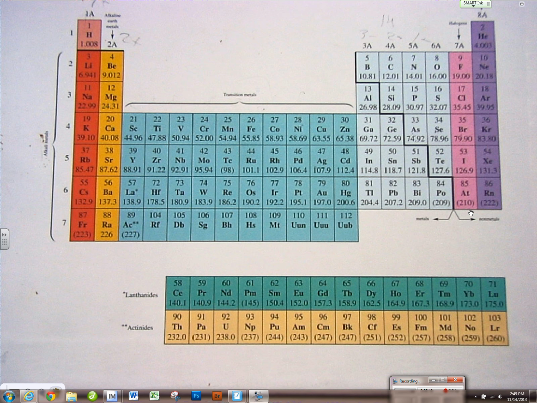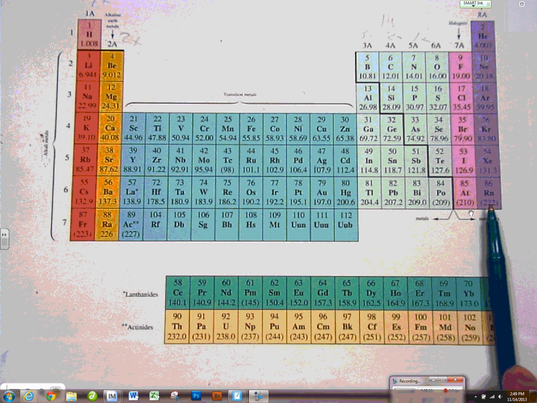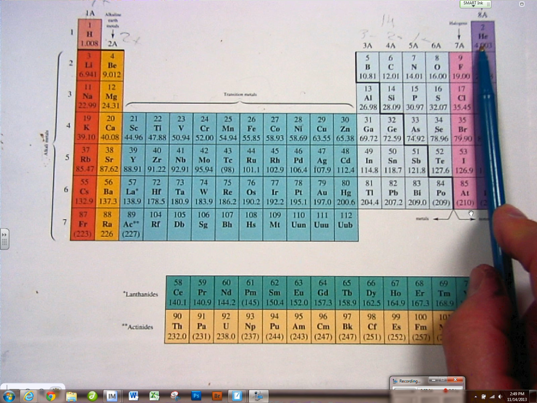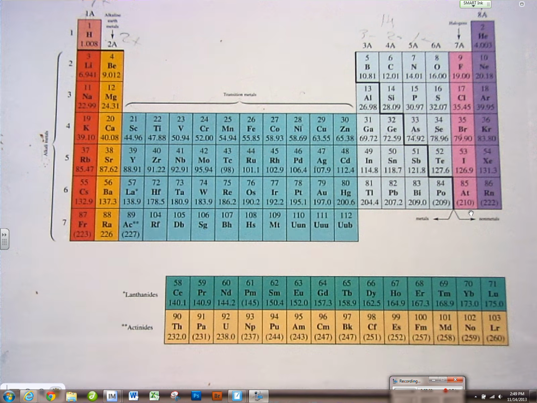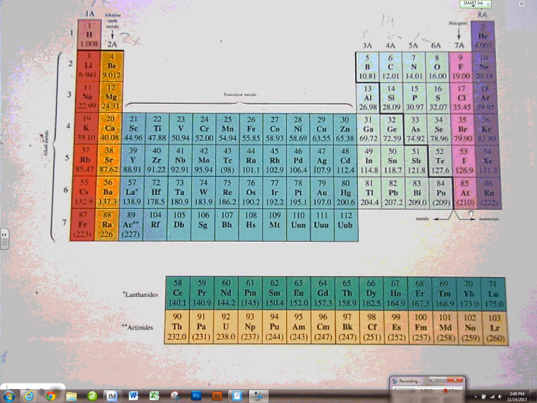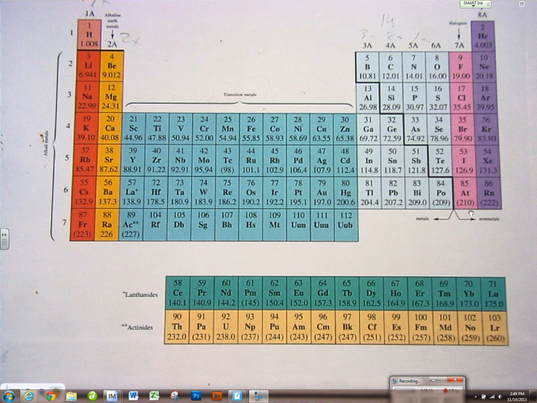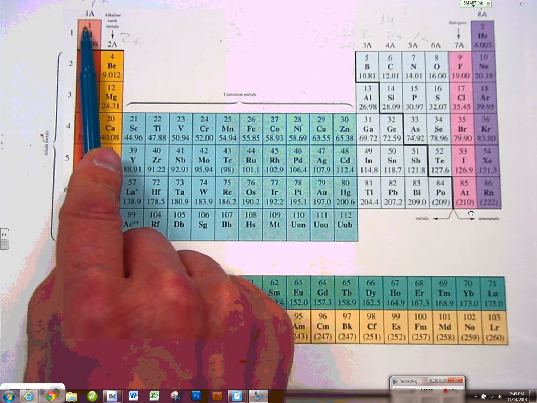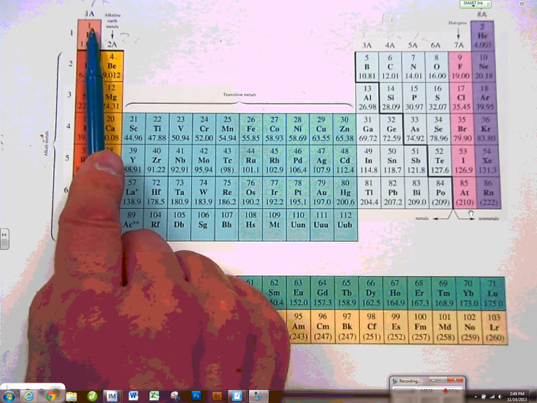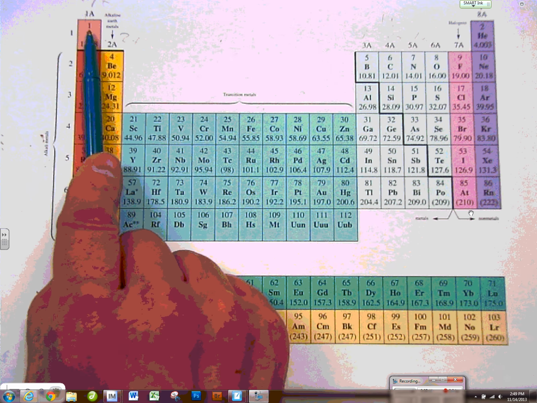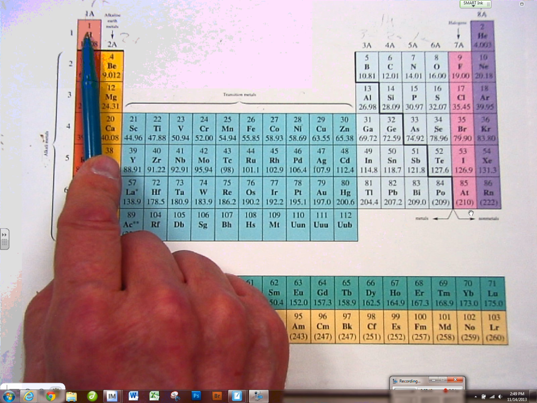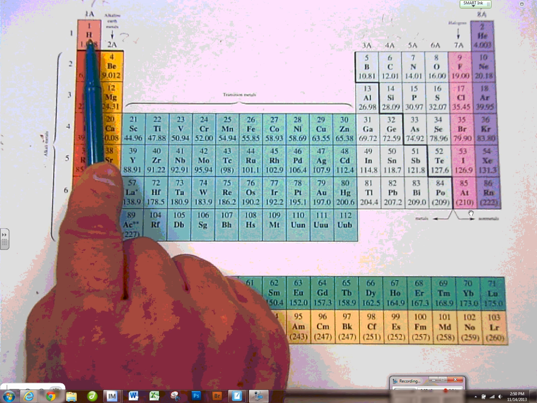Stability is 8 electrons in the valence shell, except for helium. Helium and hydrogen are kind of orphans on the chart. They don't really belong anywhere. Hydrogen kind of belongs in column 1 because if he forms an ion, it'll be a 1 plus ion because he's going to lose an electron.